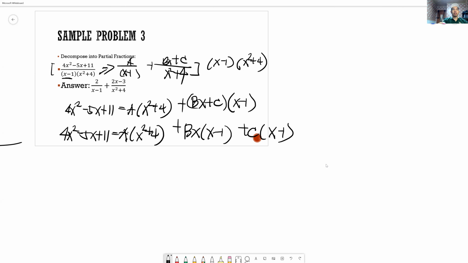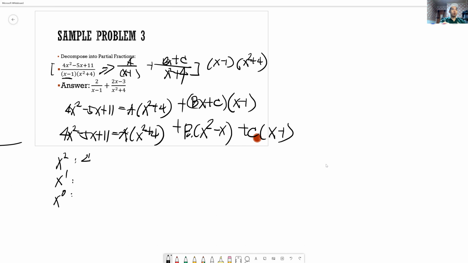Or let's distribute x here, so that we'll have b x squared minus x. Okay. So just like what we did with the previous example, we will use system of equations. So highest degree first, so that would be x squared, x raised to first, and x raised to 0. Okay. So how do we do that?